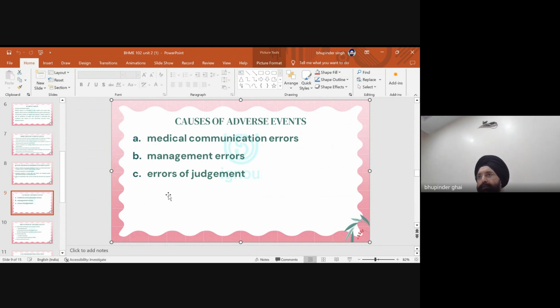Like pain abdomen. A patient is coming with pain abdomen, but the pain may be due to a different reason. One person may suspect that he is having a mild infection in the abdomen, but the patient had a blunt injury 2 days back, and there is bleeding inside.